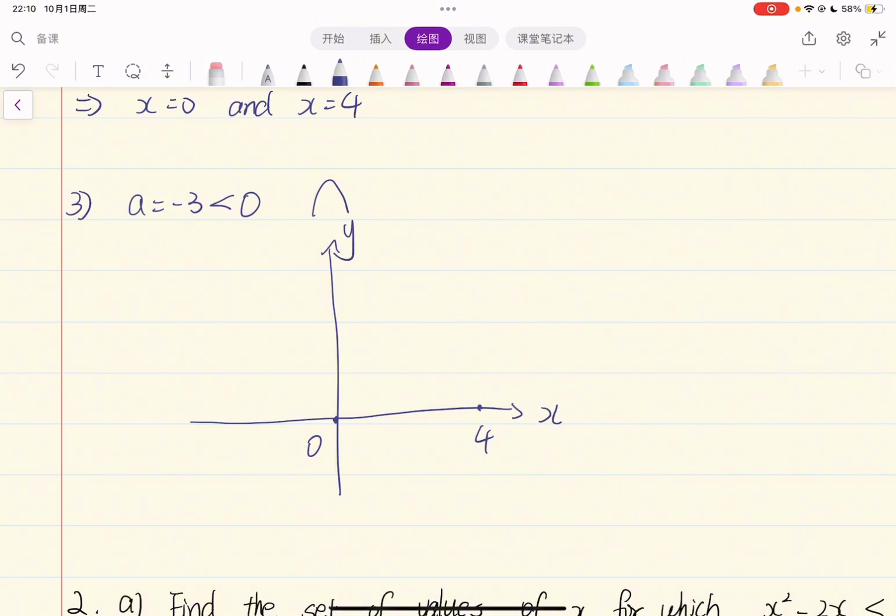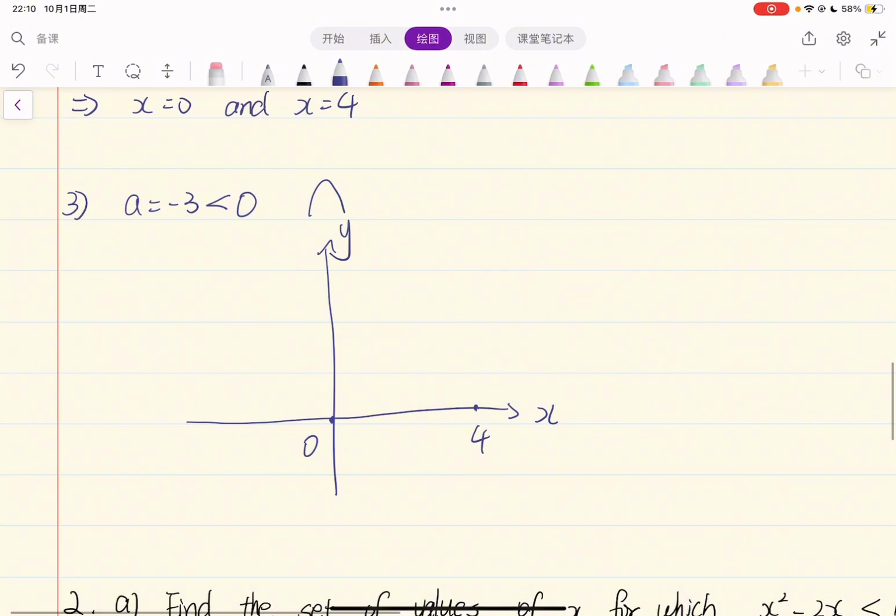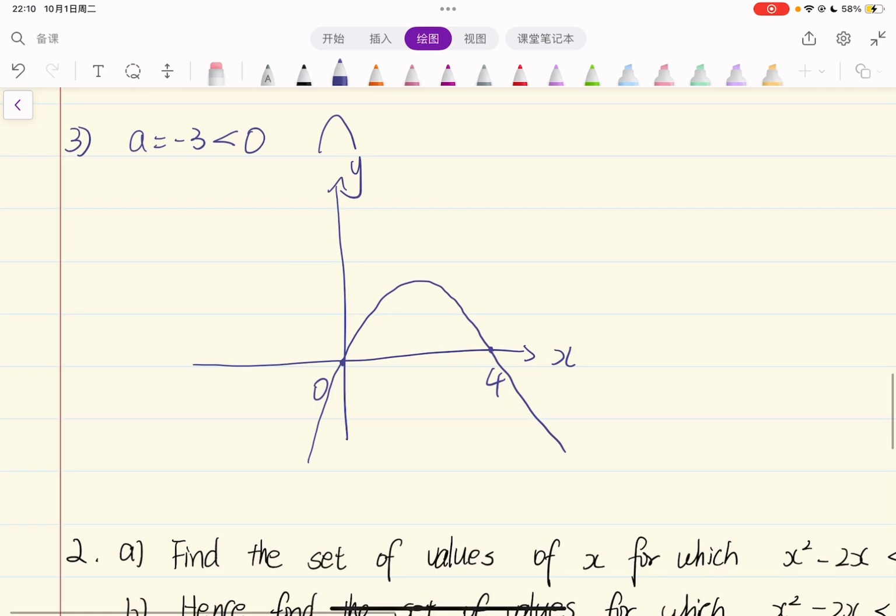The curve looks like that. Sorry, not very smooth.